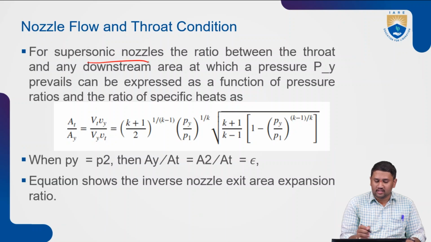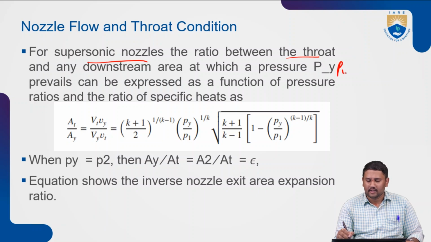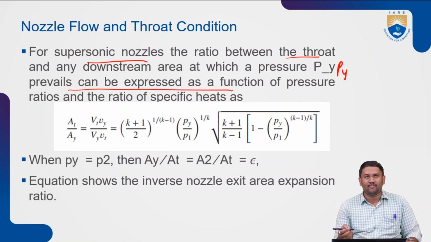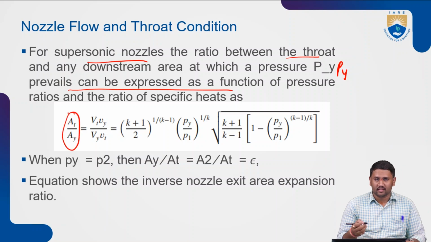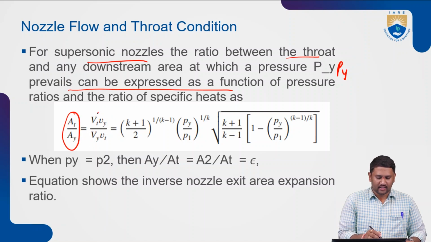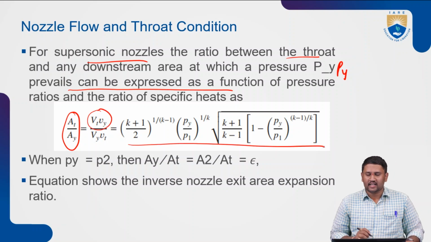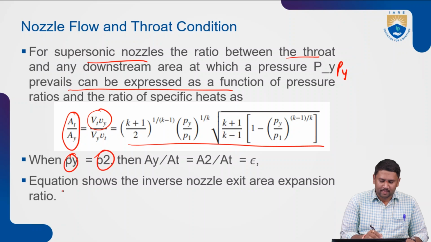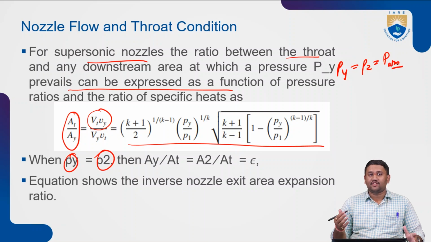Now, for supersonic nozzles, the ratio between the throat and any downstream area at which the pressure Py prevails can be expressed as a function of pressure ratios and the ratio of specific heats, particularly the equation of areas, AT by AY is equal to, in terms of velocity and the directional velocity, next in terms of pressure ratios and the gas constants, where Py is equal to P2, which is also equal to the pressure at atmosphere, if you consider within the atmosphere.